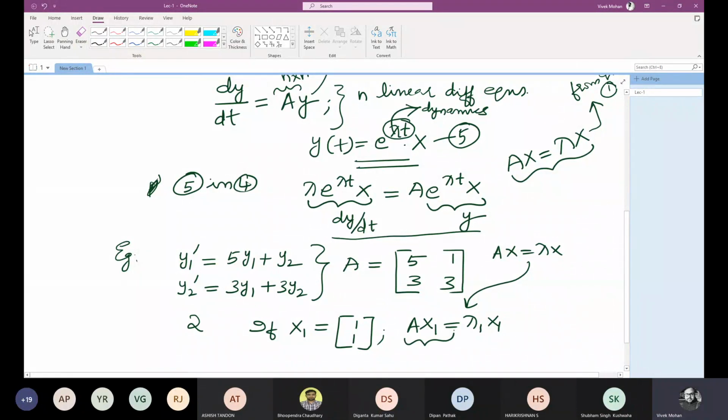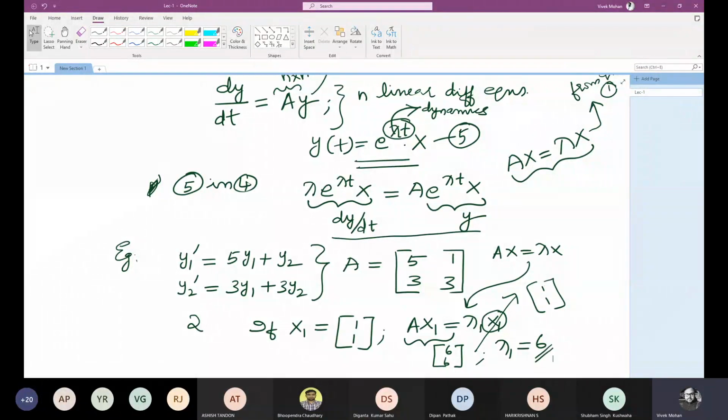Can anybody evaluate this? 5, 1, 3, 3 into 1, 1. You will get 6, 6. And you know that x1 is 1, 1. So what is your lambda 1? It's a scalar. 6, right? 6 into 1, 1 will give you 6, 6. So this is lambda 1 x1. Okay, so lambda 1 is 6.